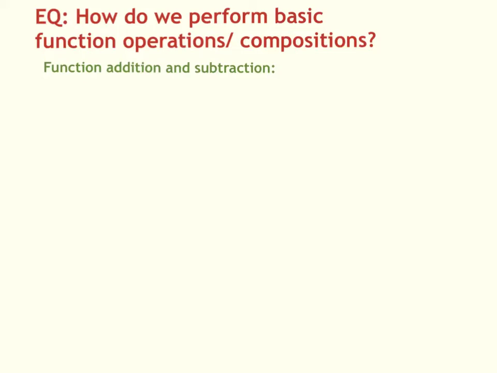So think if you have two different functions, f of x and g of x. So f of x, we'll let that equal 3x, and g of x we'll say is x plus 4.